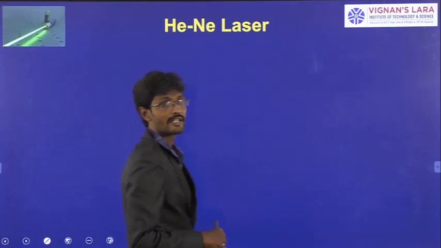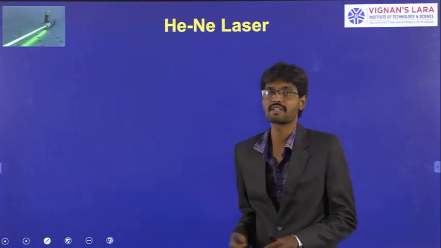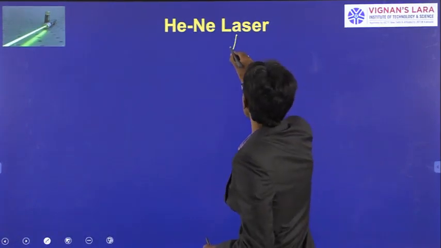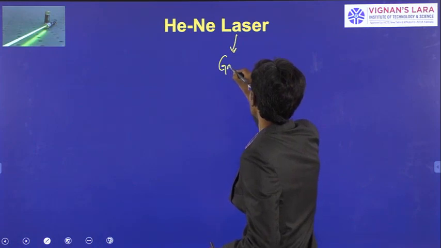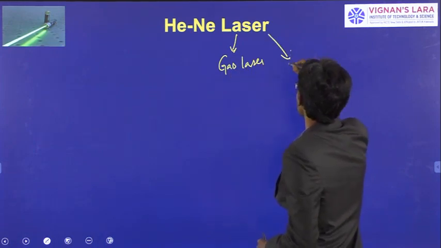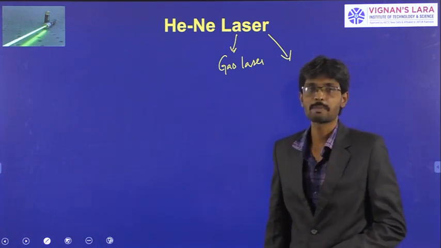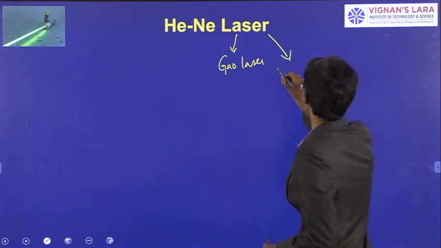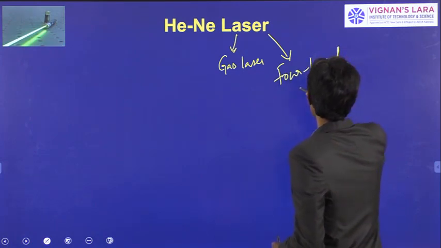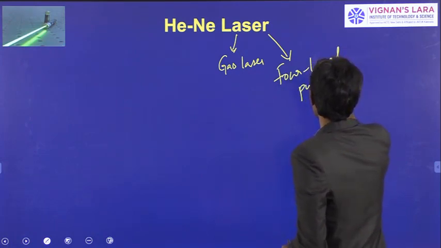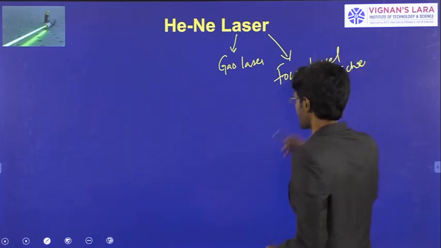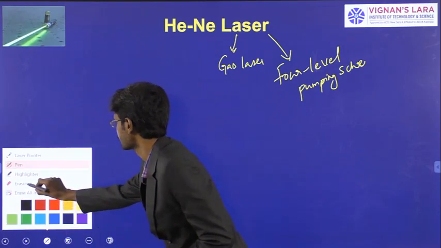The helium neon laser is one of the gas lasers, and it works under a 4-level pumping scheme. Already we discussed in the last class what the 3-level pumping scheme and the 4-level pumping scheme are.